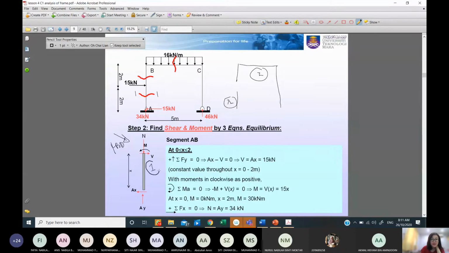In this case, part 1 has been analyzed, so you need to draw all these: the support reaction and the internal forces following the positive sign. Then you need to decide on this X, where you want to start the X. We have tried several positions to start X from, but in this case we start at A. So A is 0 meter, where you measure the distance.